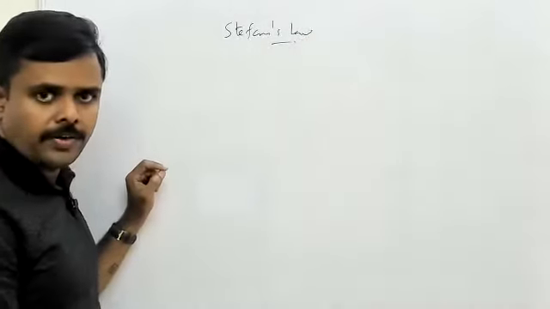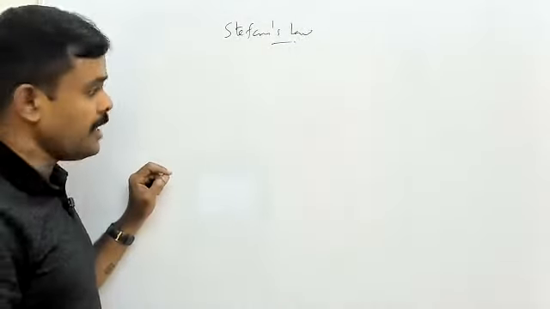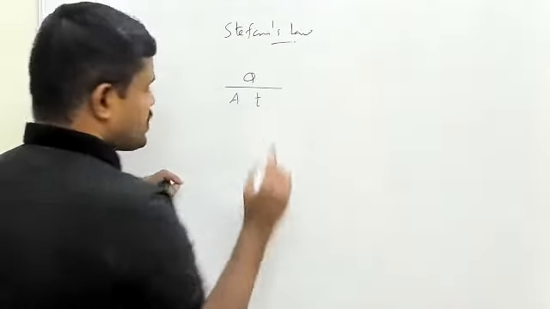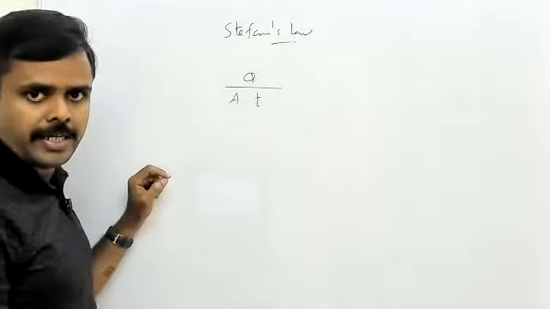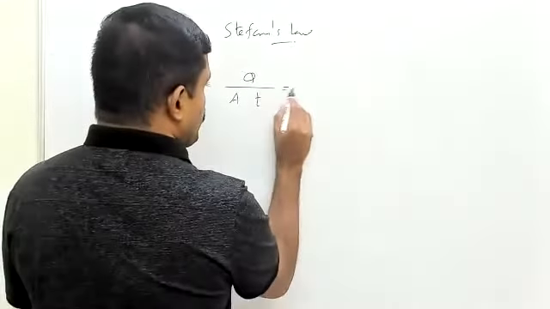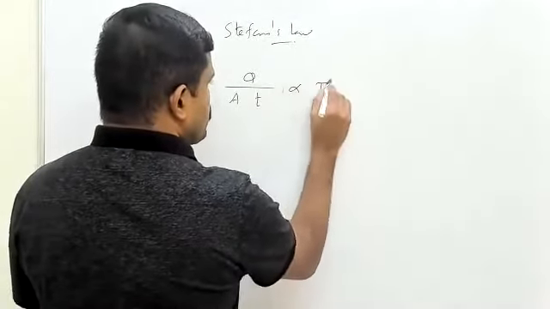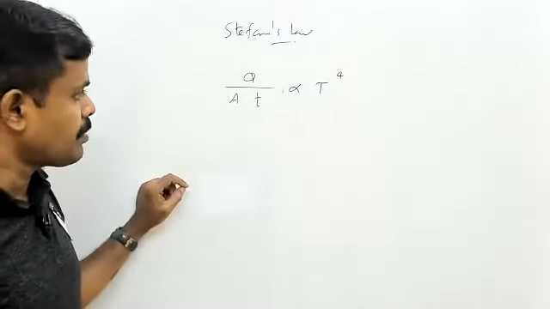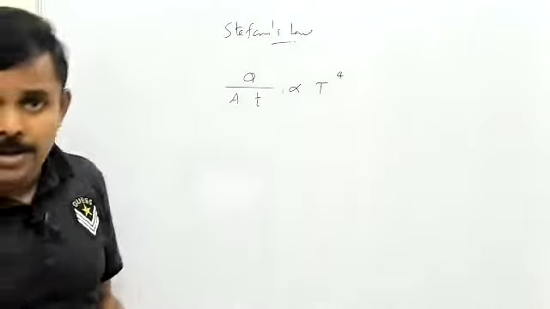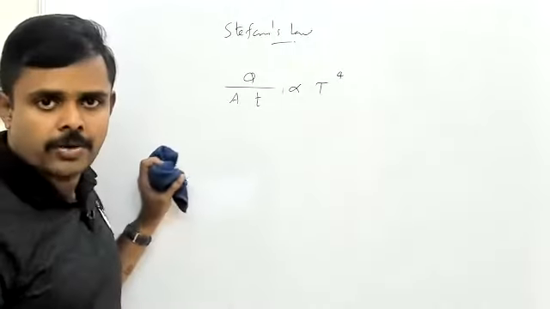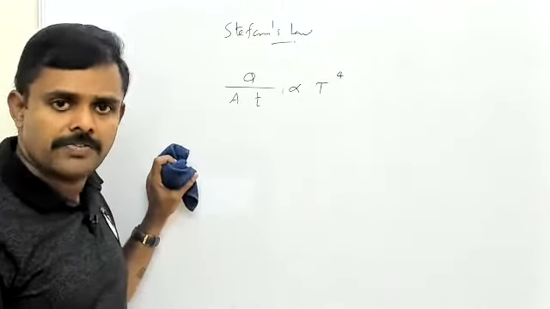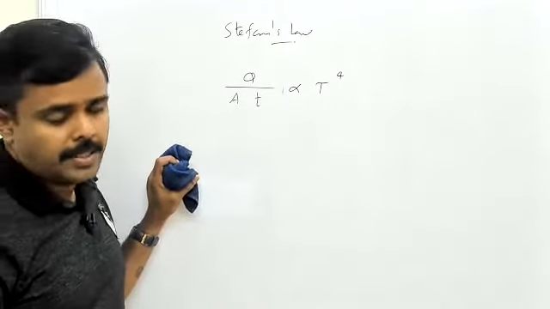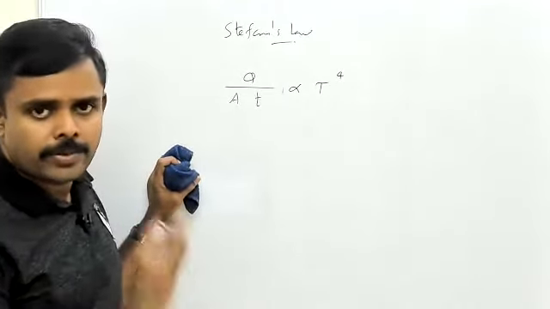According to Stefan's law, for a perfectly black body, the amount of energy emitted per area per second, this is called total emittance, is proportional to the 4th power of the absolute temperature of the body. I'll repeat one more time. This is called Stefan's law. Very, very important. Many times questions have come from this place. This one or Newton's law of cooling, there will be a question for sure.